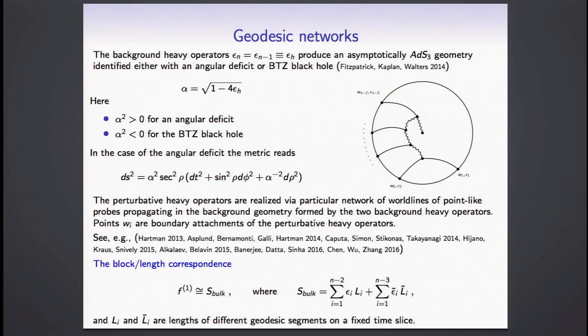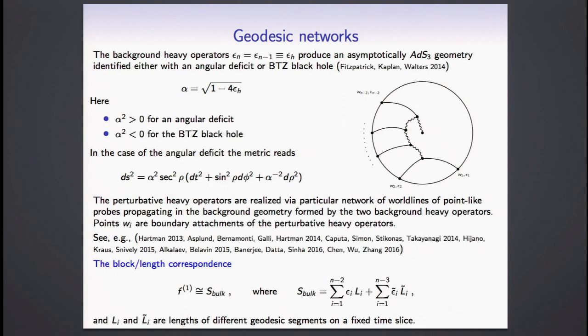So in this picture we see that two background heavy operators create the background bulk geometry, while perturbative heavy operators correspond to test particles propagating in this geometry, so that the worldlines form a particular network of geodesic segments. This network is depicted here on this two-dimensional Poincaré disk, and the points w_i correspond to the boundary attachment of the external legs of the original conformal block.